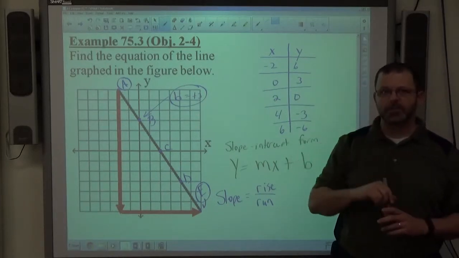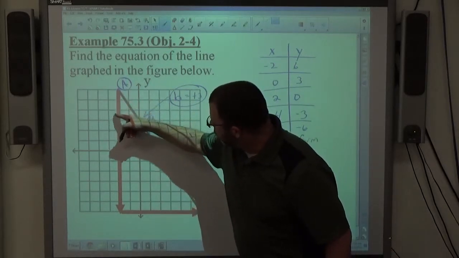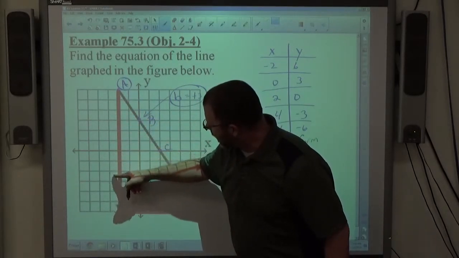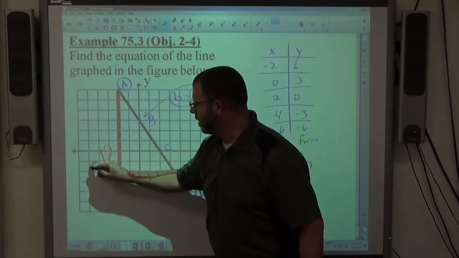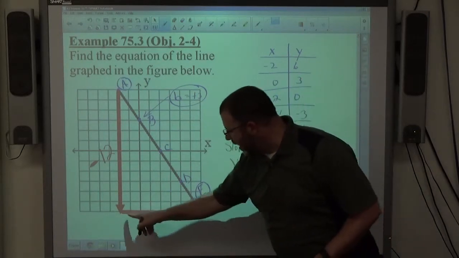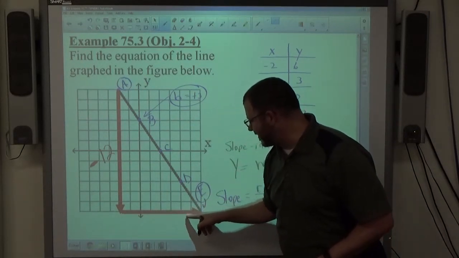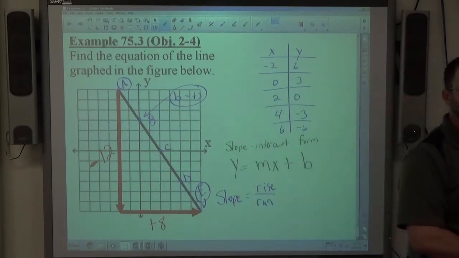Up and right are positive movements, down and left are negative movements. So, 1, 2, 3, 4, 5, 6, 7, 8, 9, 10, 11, 12 spaces down. So the rise of this is -12. And 1, 2, 3, 4, 5, 6, 7, 8 spaces to the right, the run of that's +8.